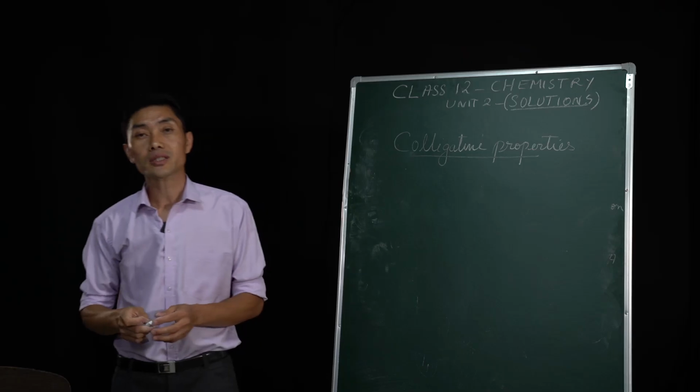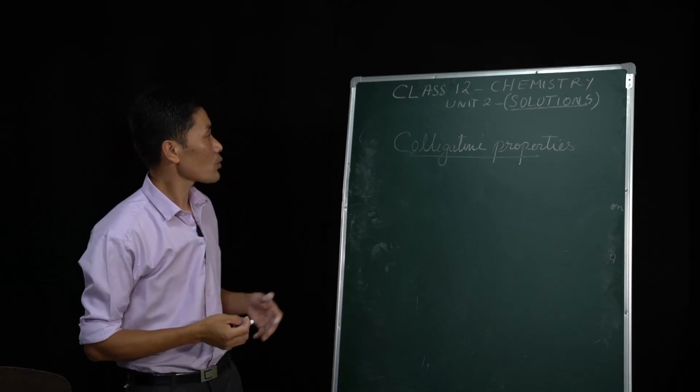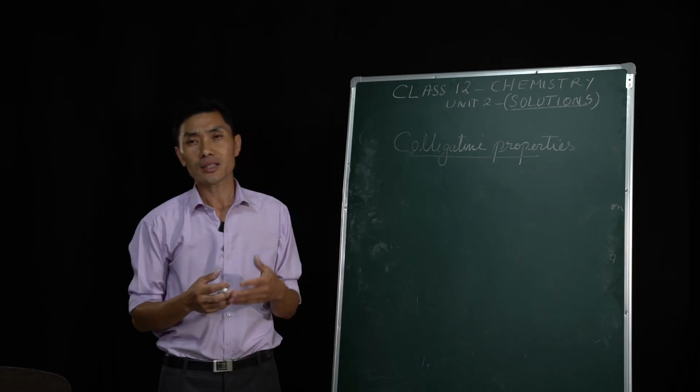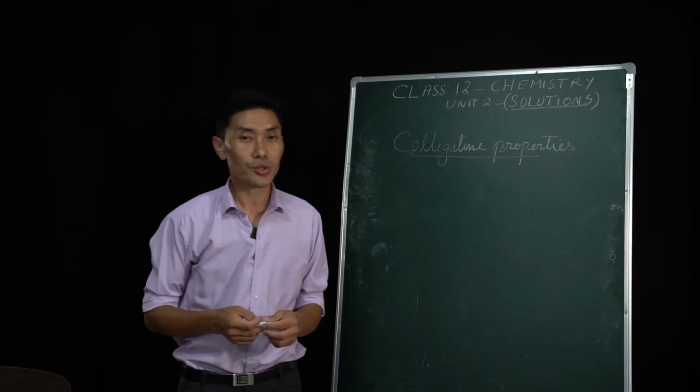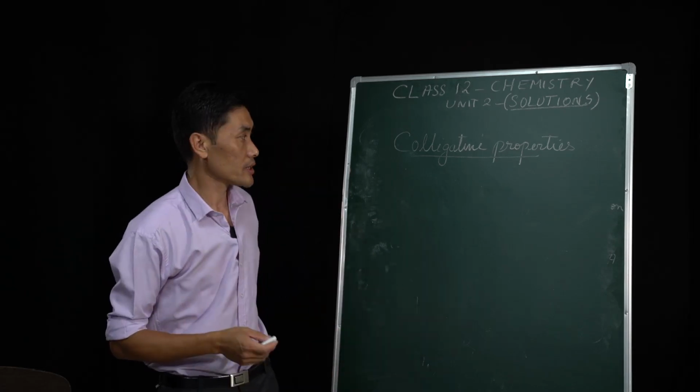There are 4 properties of solutions which are called colligative properties, and as I said, these are properties of solutions which depend only on the number of moles of the solute but not on their nature.